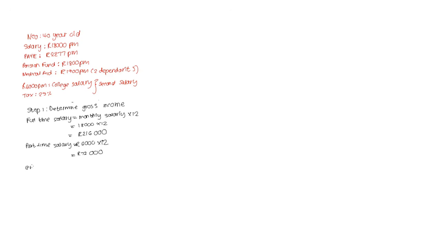We then calculate his gross income by adding his full-time salary and his part-time salary. And that gives us a total of 188,000. The second step is to calculate the deductions.